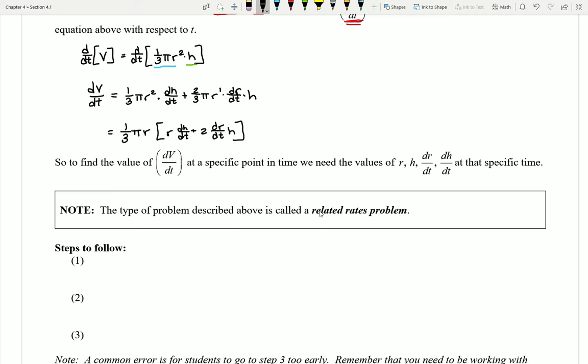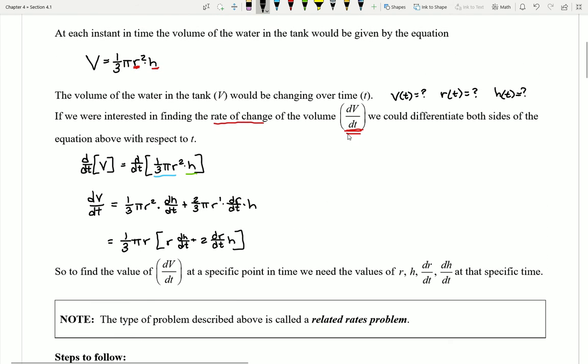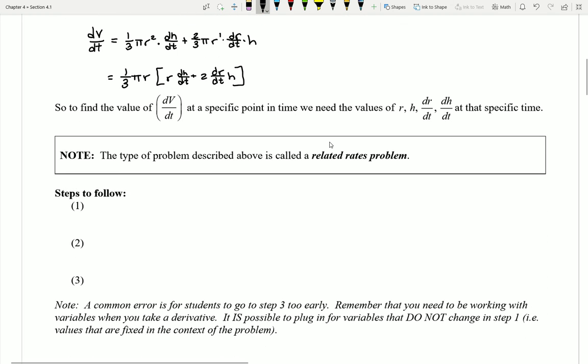So if I was interested in actually trying to set up a problem like this to ultimately try to find dv dt, these are some of the steps that generally I could attempt to follow. I could first set up an equation that relates the variables in this scenario.